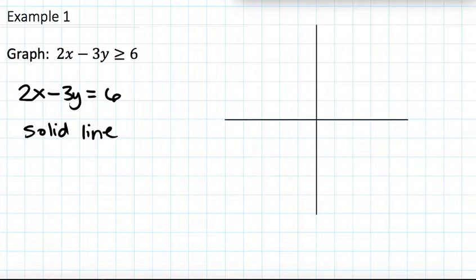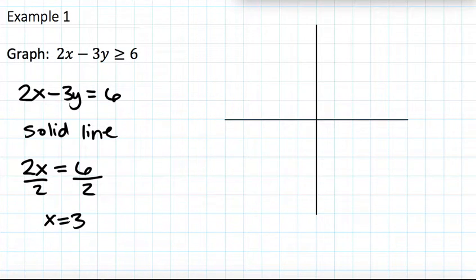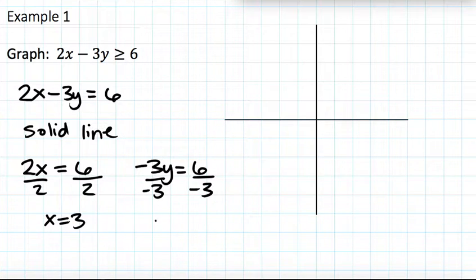This is a cover-up method problem because I have x and y on the same side. So this is a good review of graphing lines. So cover up the y, 2x equals 6, solve, and I get x equals 3. Cover up the x, remember the negative sign needs to be attached to the 3 there, so we have negative 3y equals 6, and then I divide, and I get y equals negative 2.